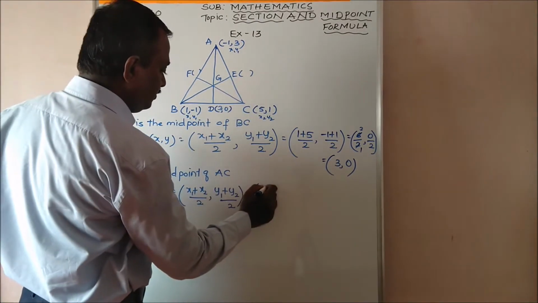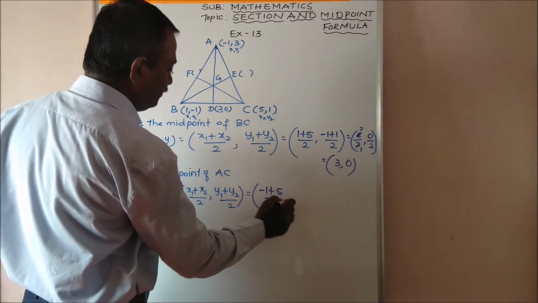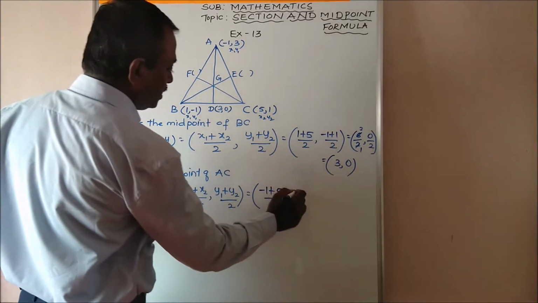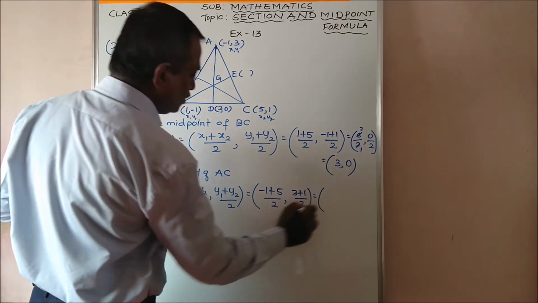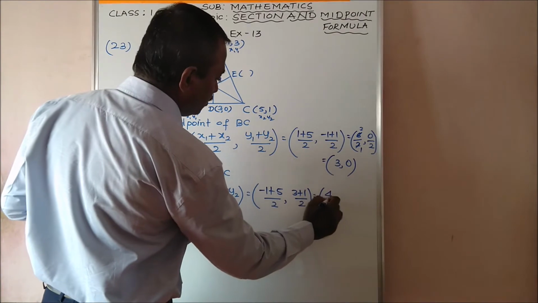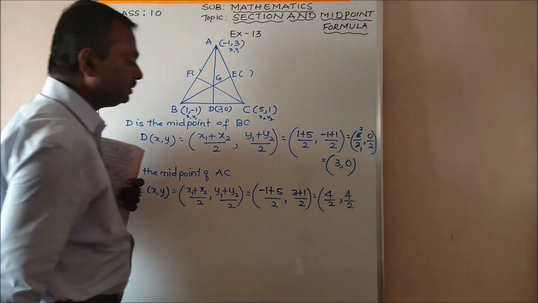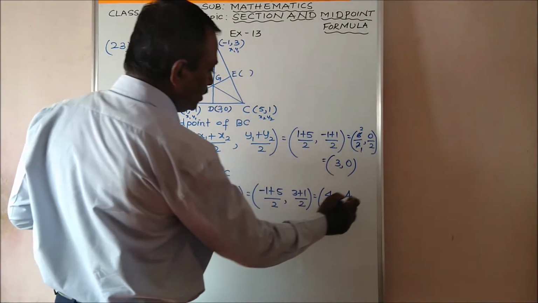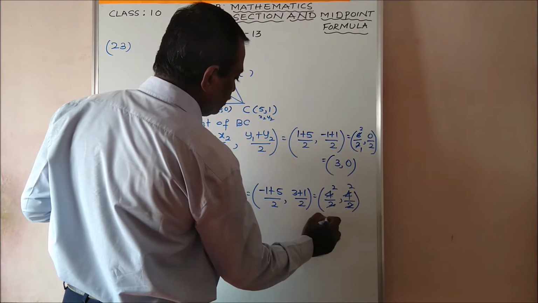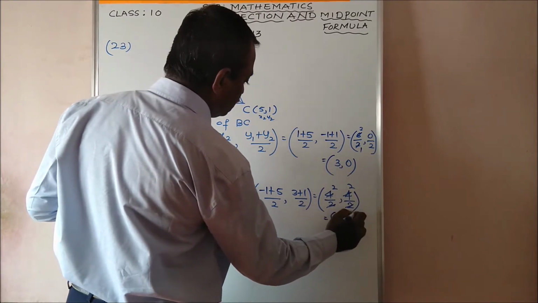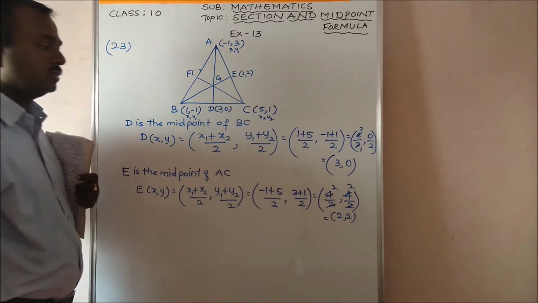Minus 1 plus 5 by 2, then 3 plus 1 by 2, that is equal to 4 by 2, comma, 4 by 2, which is 2, comma 2. So the coordinates of E are (2, 2).